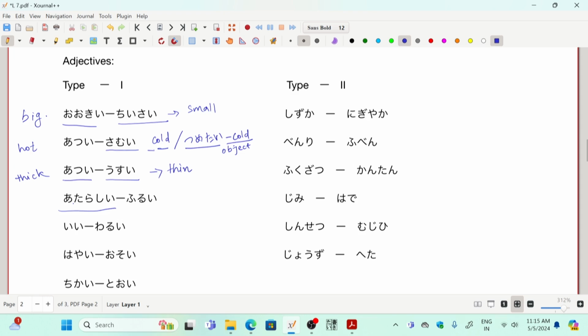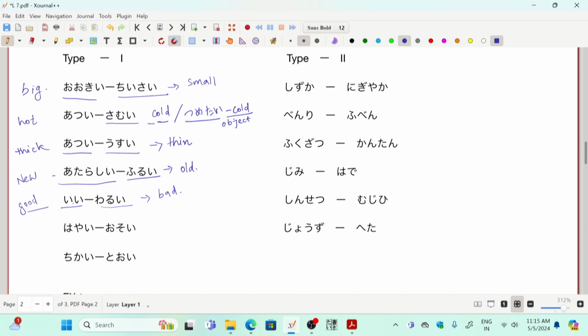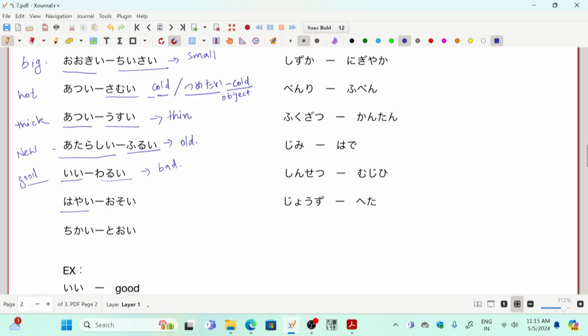Next is atarashii. Atarashii is new. Next is furui, which is old. Next is ii. Ii is good, and opposite of ii is warui, which is bad. Next is hayai.